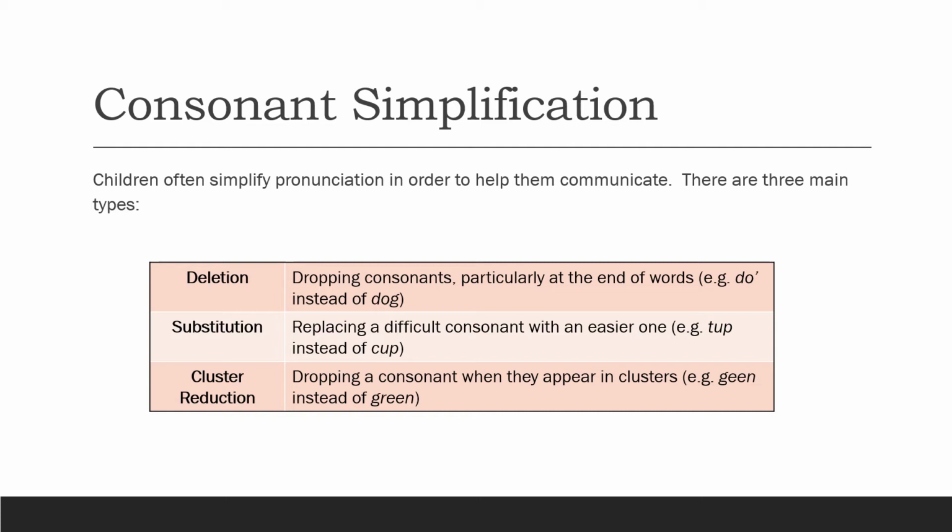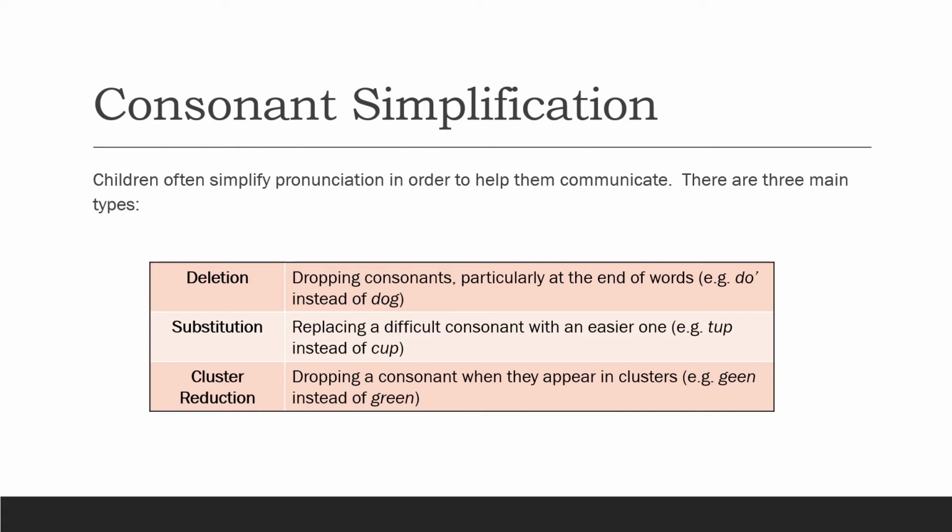Next then there's substitution, and that might be that they replace a consonant, one that they find difficult, for one that they find a bit easier. So for instance, they might say tup instead of cup. Now tup, the t phoneme then is a front phoneme. As we said in the last slide, a front phoneme is easier to say than a back.